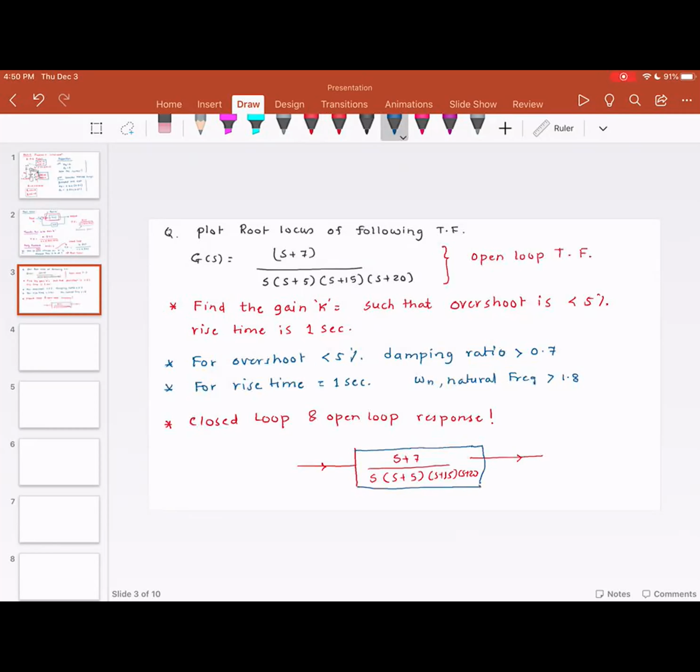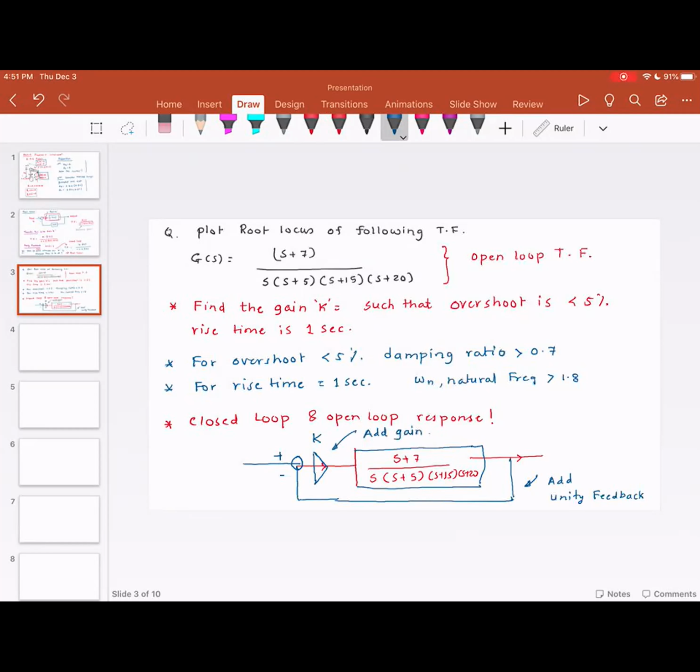So what I'm going to do is add a unity feedback. So step 1 is to add unity feedback, and step 2 is to add a gain.